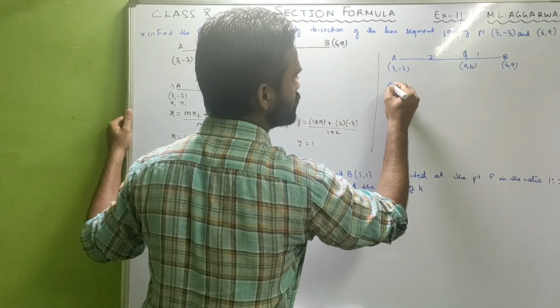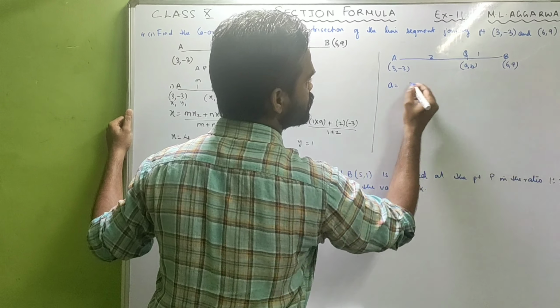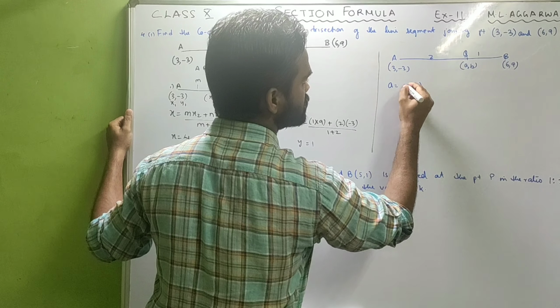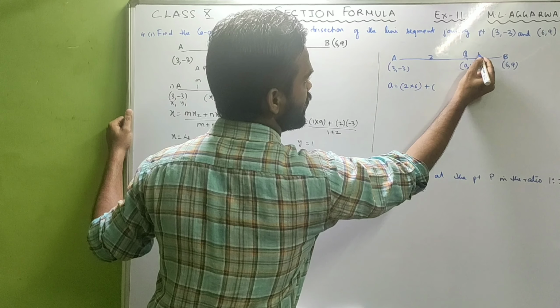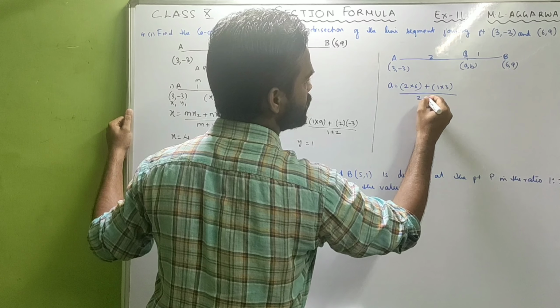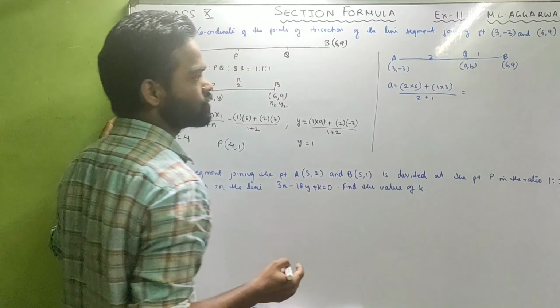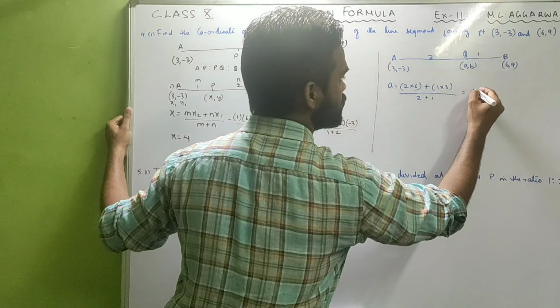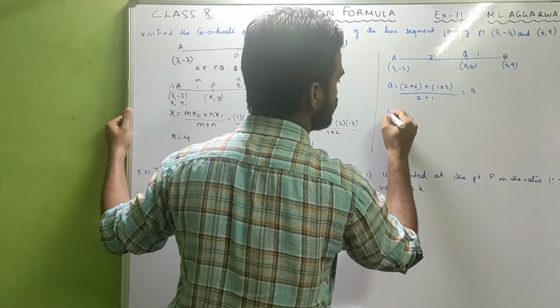Now A will be what? m x2, that's 2 multiplied by 6, plus n x1, which is 1 into 3, by m plus n. That's 6 2s are 12 plus 3, 15 by 3, that's 5. What will be B?